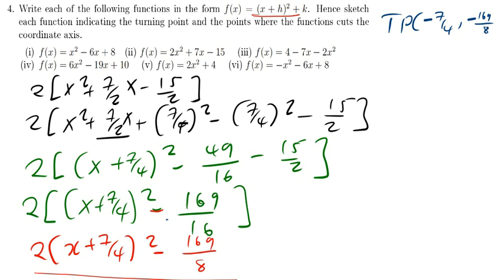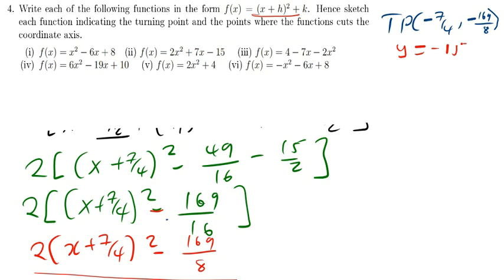I hope that makes sense. These are my turning point. The next thing I have to do is to find the y-intercept. The y-intercept is the number that doesn't have x, so y is going to be negative 15.